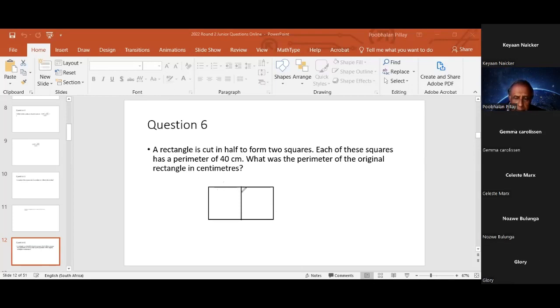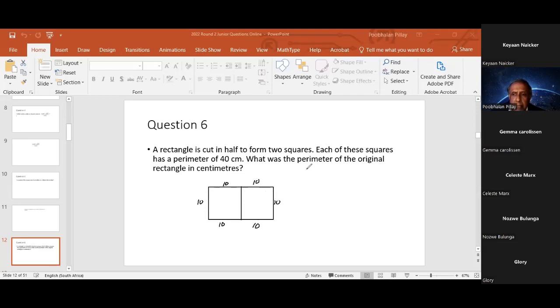So if you take the perimeter of the squares, if you go all around it, it's 40. And in the square, of course, all the sides are the same. So you add these 4 equal numbers to get 40. So each of them must have been 10. So all these sides are 10. Now this is cut in half, so these squares are exactly the same.